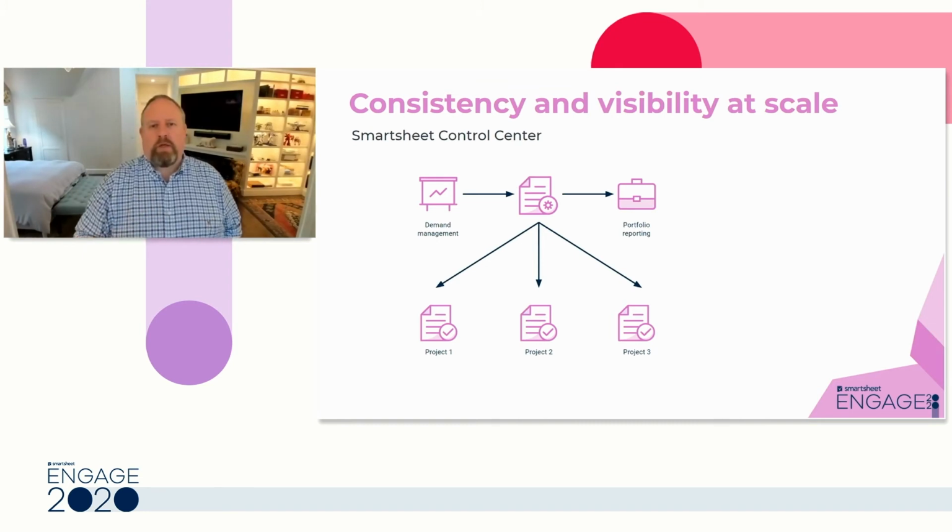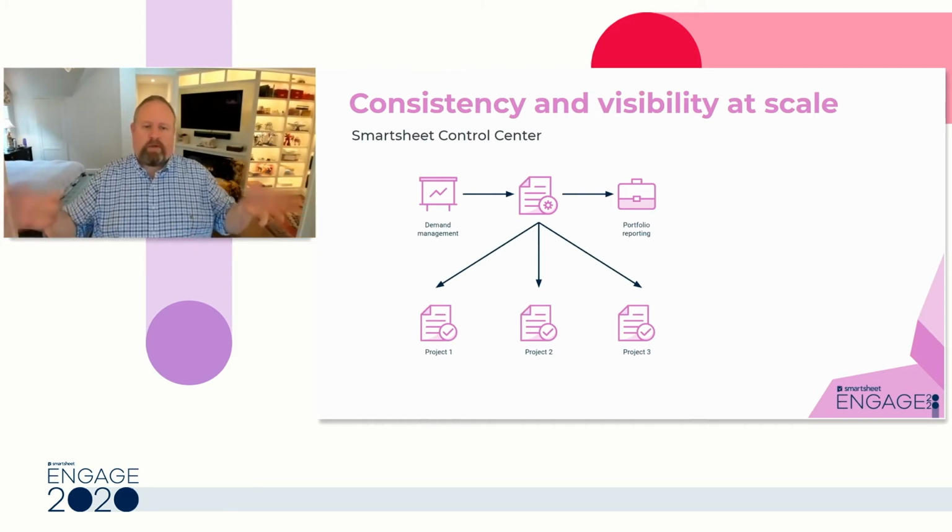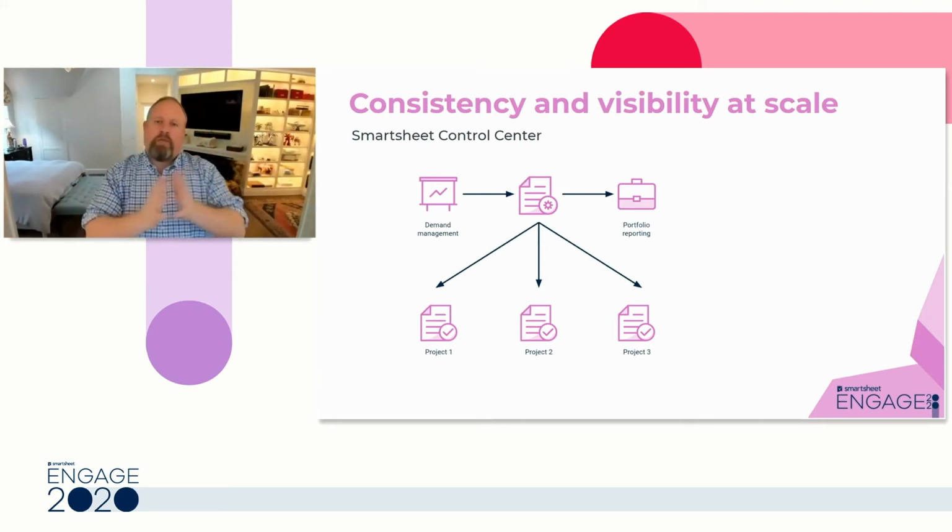So one of the things that Control Center will do for you automatically is, as those projects are stamped out, it's going to provide you with roll-up reporting automatically to allow for all of the information from those projects to roll up into centralized reporting dashboards. So you always have visibility. And that portfolio reporting is pretty flexible.